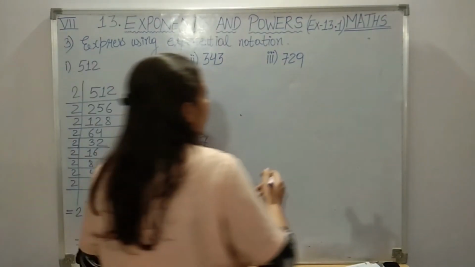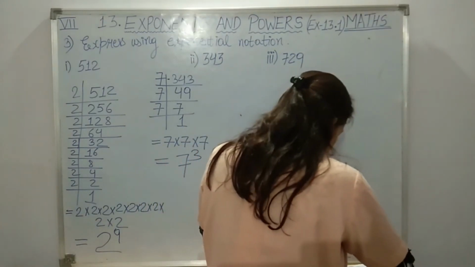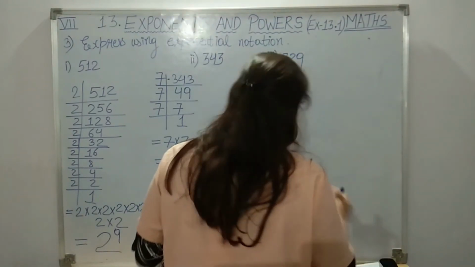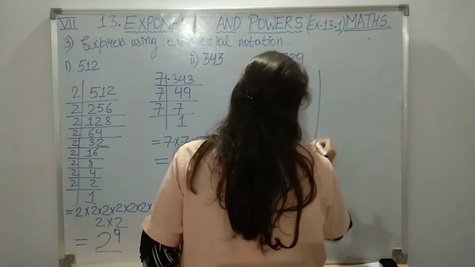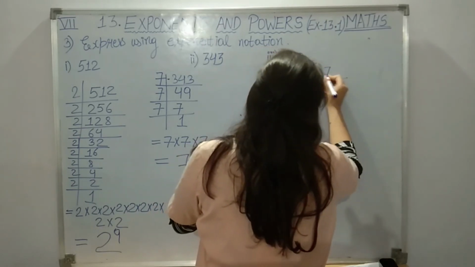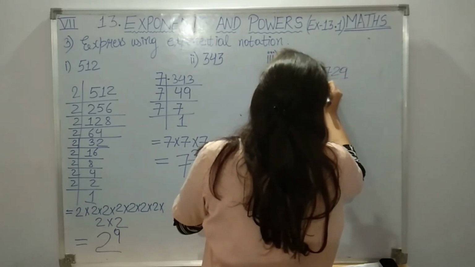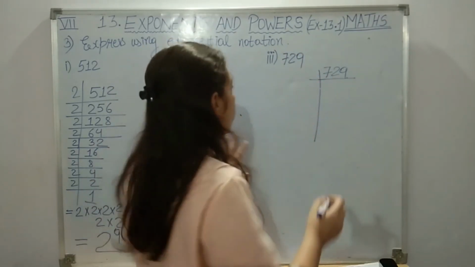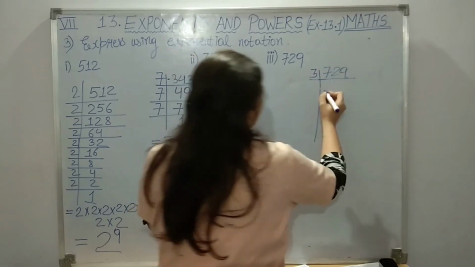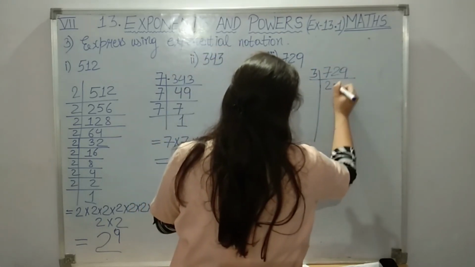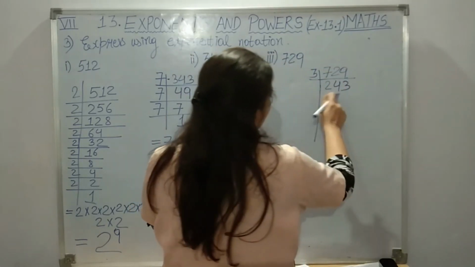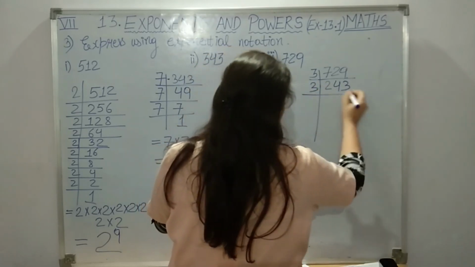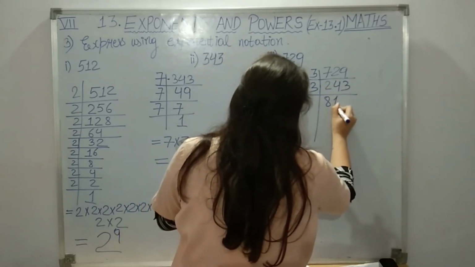Now next number 729. Let us see this also. Let us start students. So it will not be divisible with 2 for sure. Let us check with 3. Yeah, it will be divisible with 3. So 3 2s are 6, 3 4s are 12, 3 3s are 9. Again it will be divisible with 3. 3 8s are 24, 3 1s are 3.